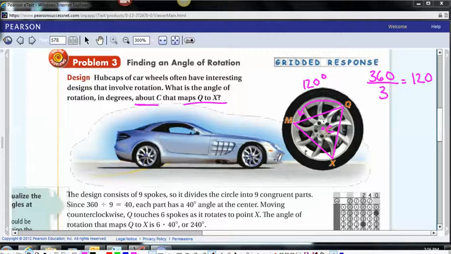Here it is. So to get from Q to X, how many degrees? Q to M is 120. You got to go all the way to X. So 240 degrees. Okay?